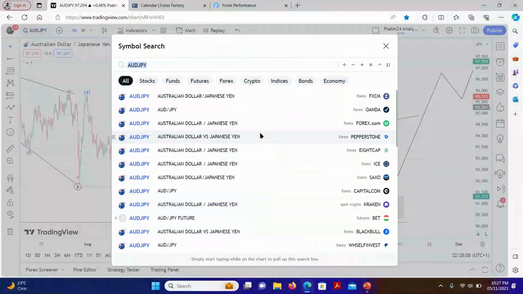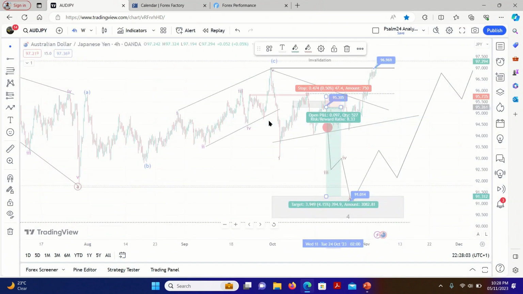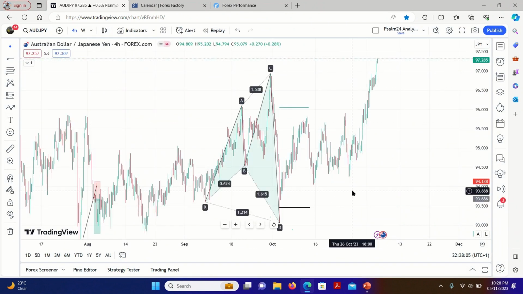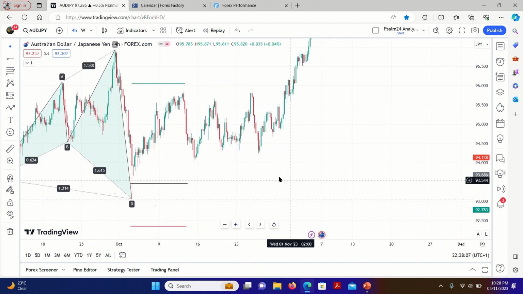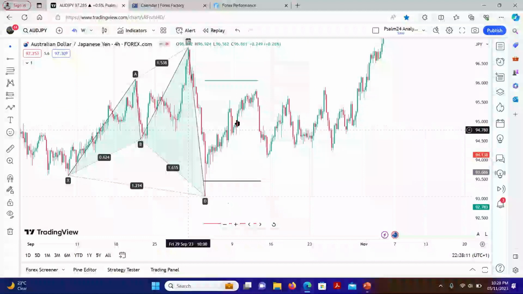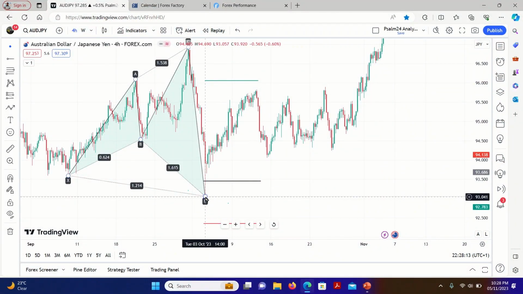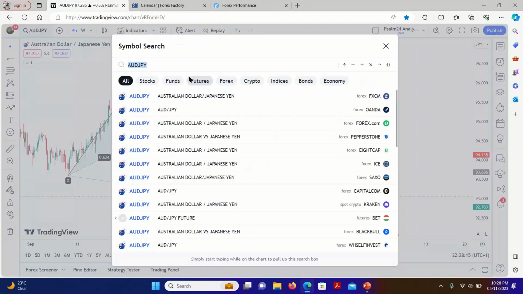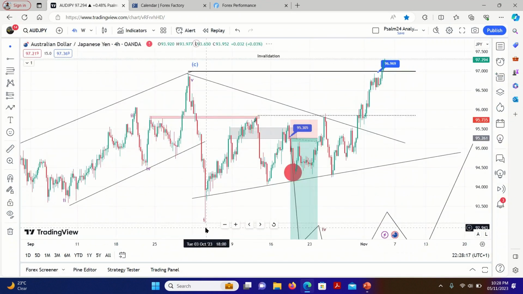AUDJPY, but using market geometry, what did we see on AUDJPY? What we saw was a caution. When we saw the previous one, look at it, this was on the 3rd of October, then this other one was also on the 3rd of October. Like I said, we're expecting this to move down, so we were taken out.